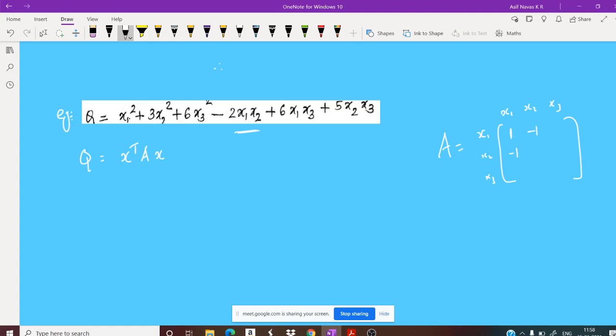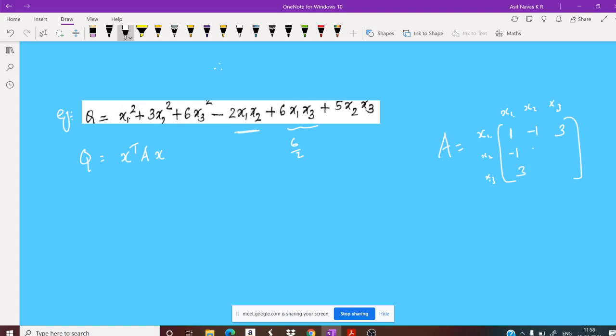Next is x1 into x3 and also x3 into x1. So the x1 x3 coefficient is 6, so we can divide it by 2. So here 3 and 3. Now what is x2 square?